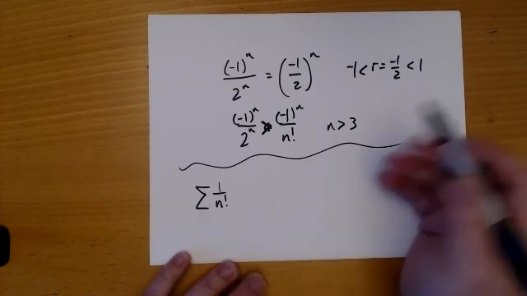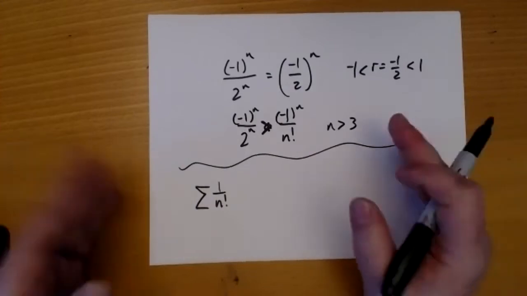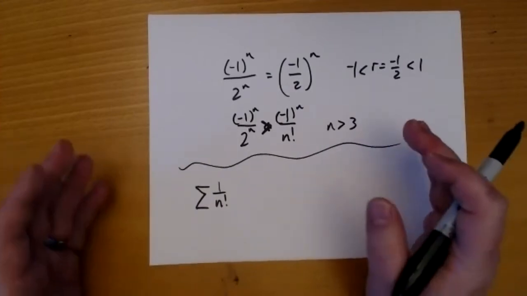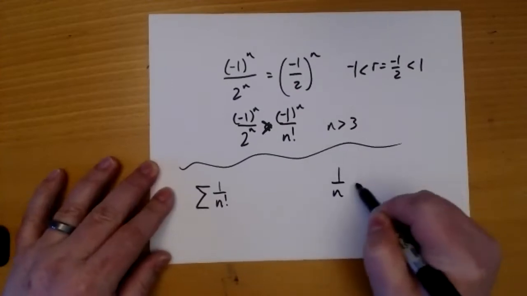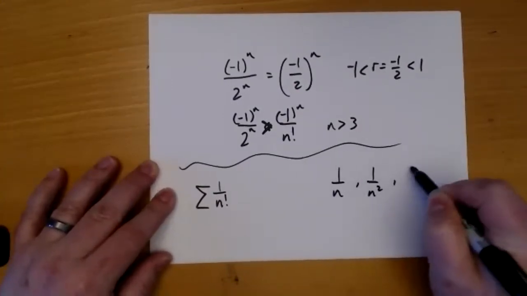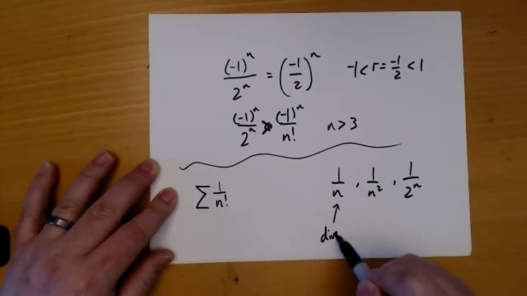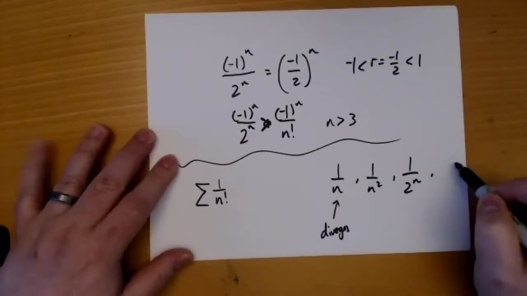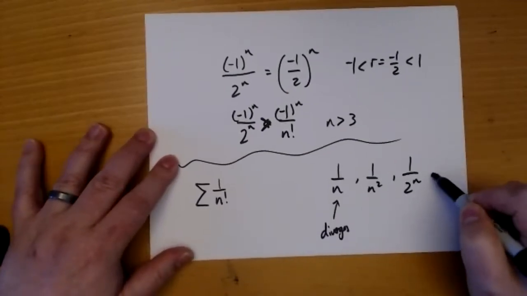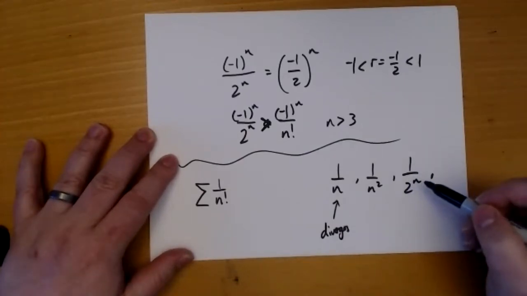So there are a few things that are kind of like staple things to use: 1 over n, 1 over n squared, 1 over 2 to the n. Now remember, 1 over n diverges, right? Or you could use a geometric series, that is a geometric series right there, or any other geometric series that converges.